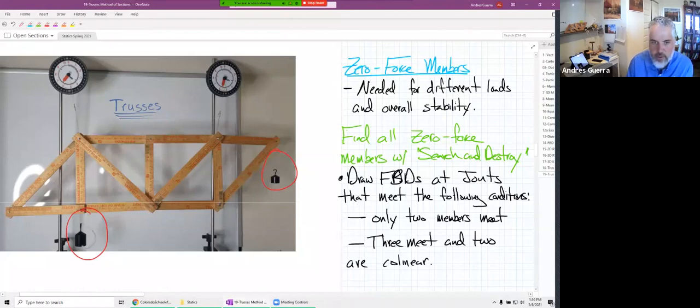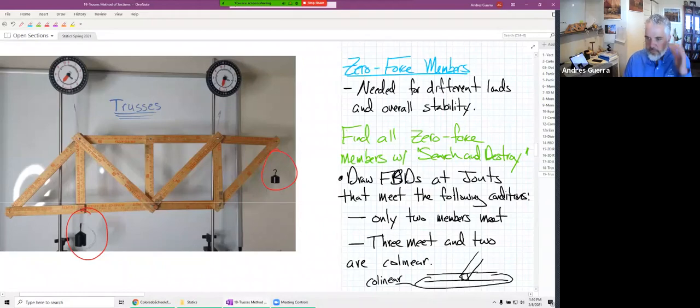What collinear means would be like I have one right here and another one right here, and then maybe a third one coming in right here. This one and this one are collinear.